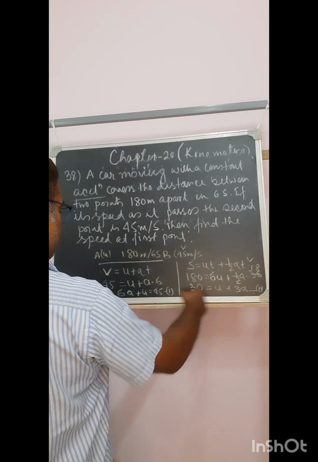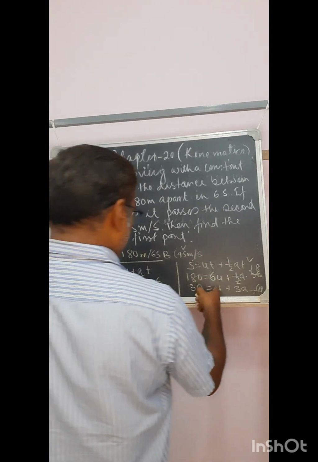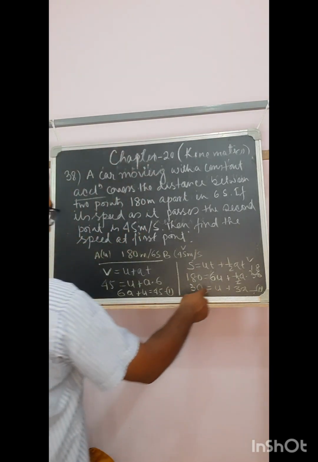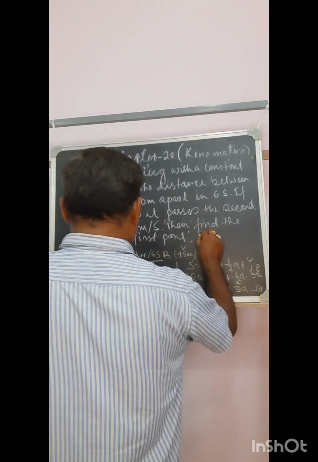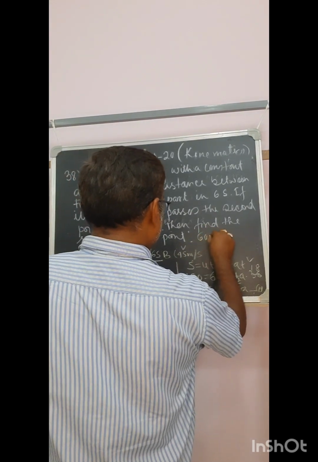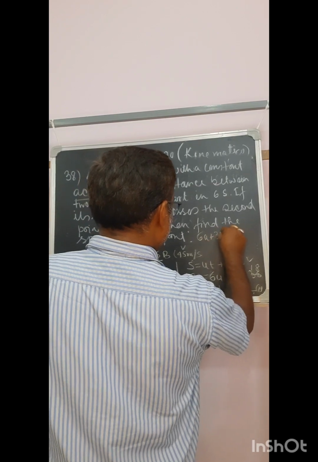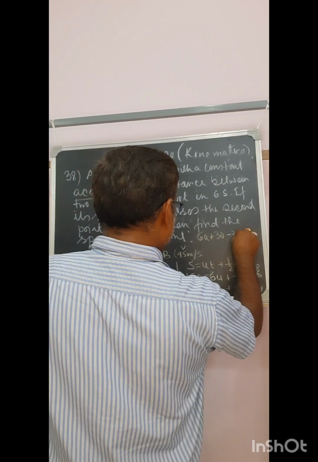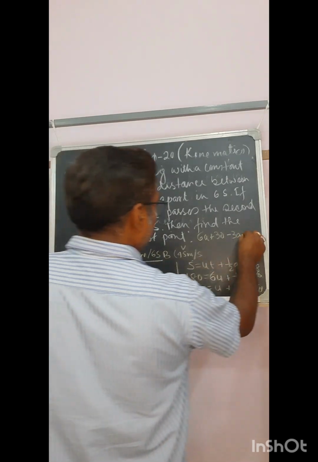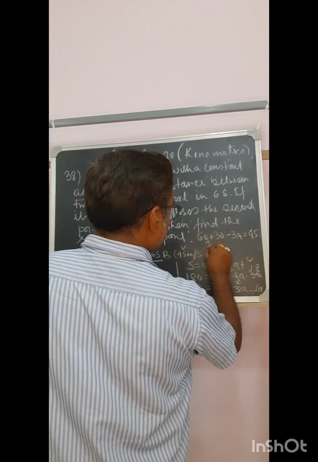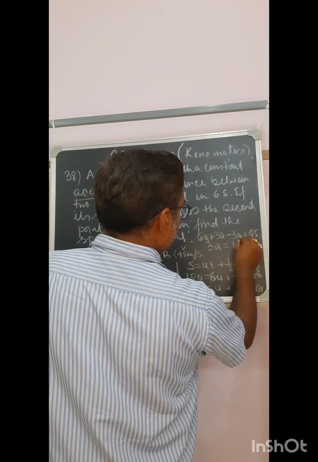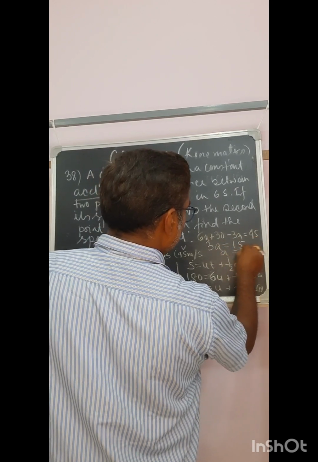Now I replace the value of u from here: u is 30 minus 3a, so 6a plus 30 minus 3a, instead of u, will be 45. So 3a is equal to 15, or a is equal to 5.